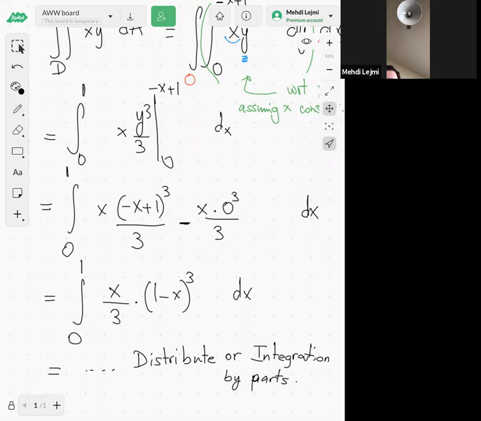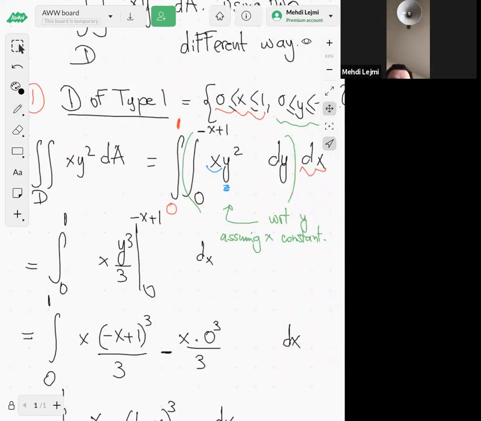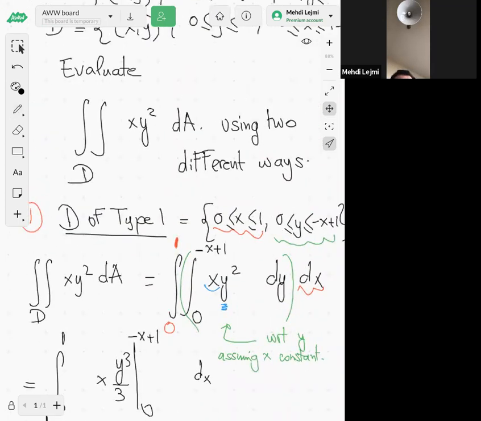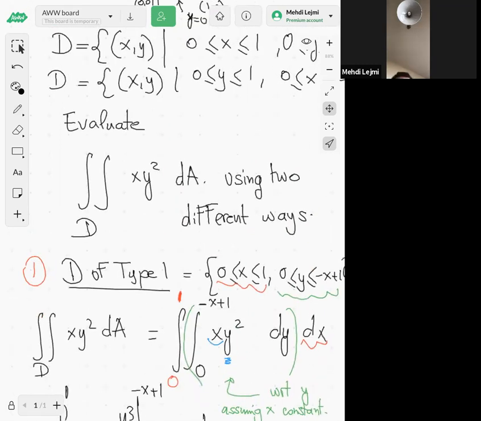Now, the other way to compute this integral is if you describe D as of type 2.